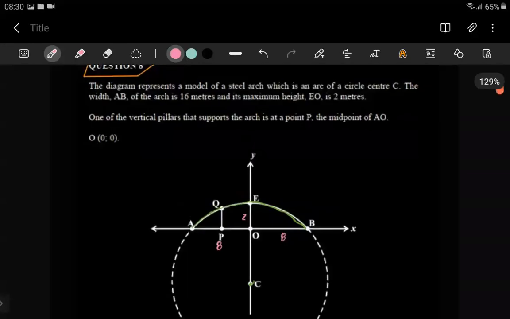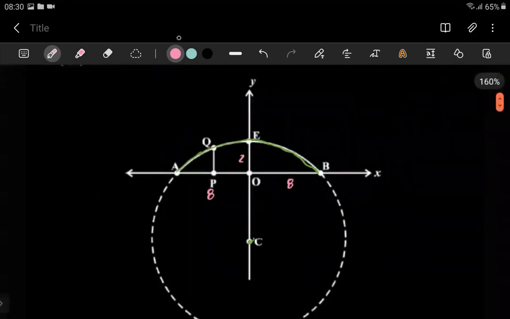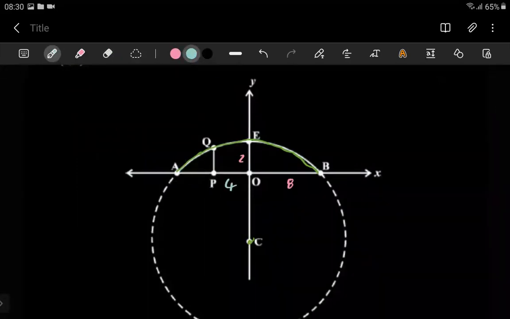Then it says one of the vertical pillars that supports the arc is at point P. So you have a vertical pillar here supporting the arc, and P is the midpoint of OA. So what we also know is that this is 4 and this is 4: the whole thing is 8, the whole thing is 8, this is 4, this is 4.